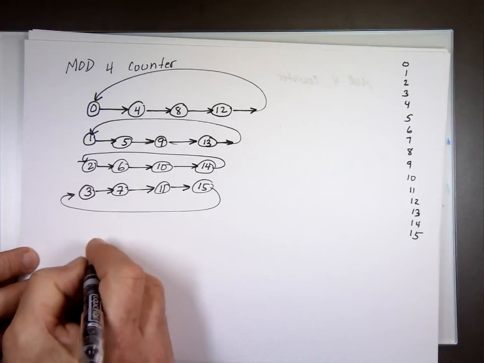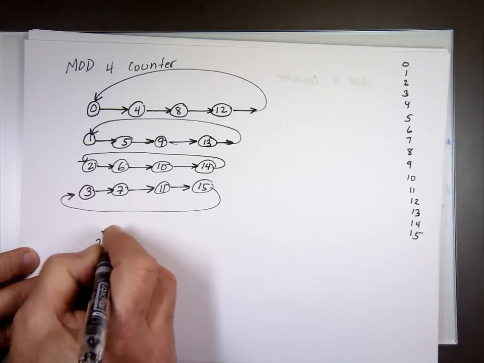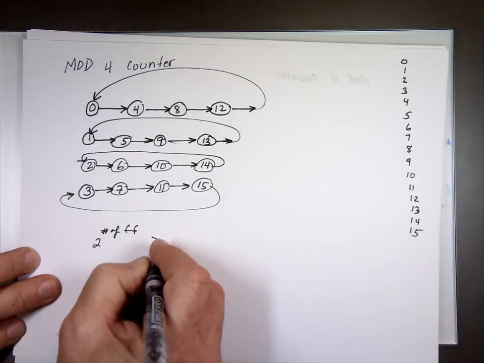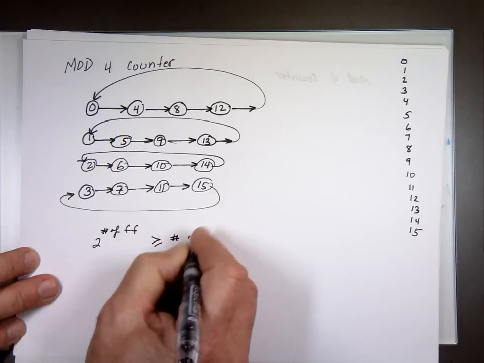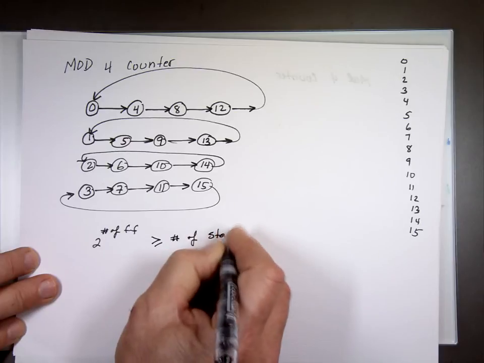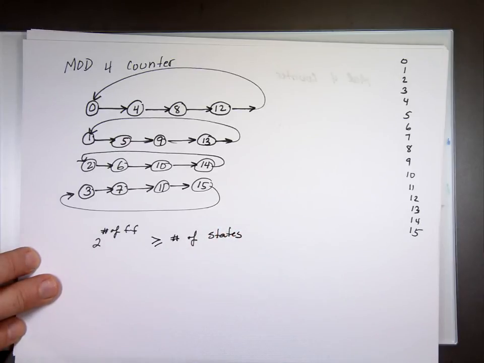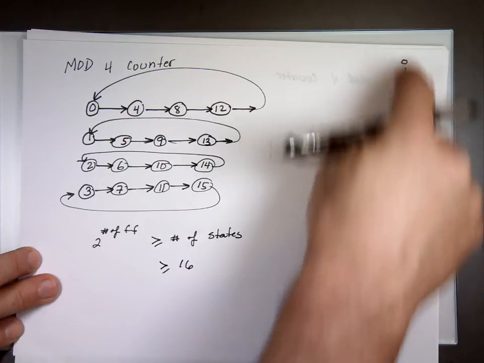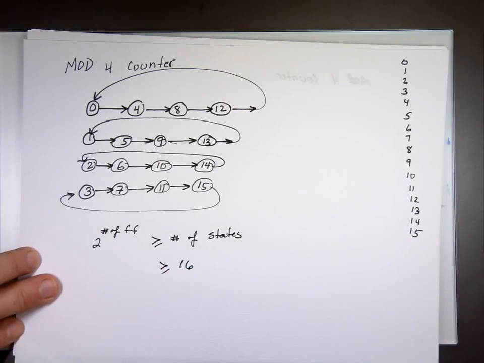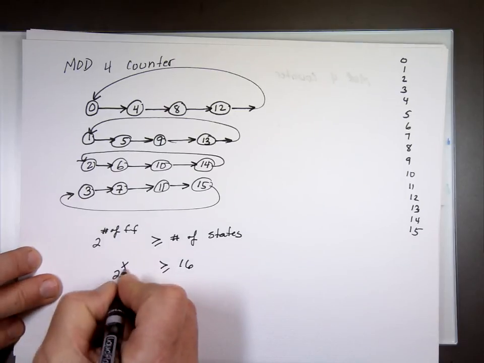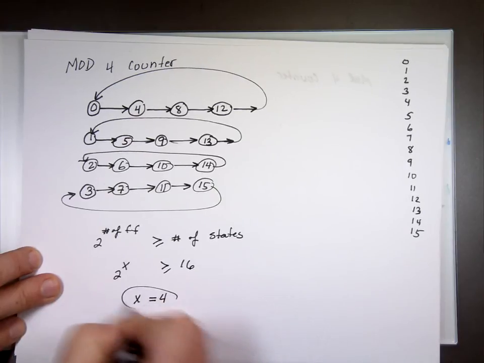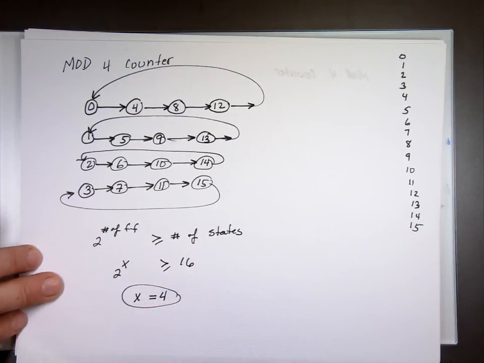Remember, 2 to the power of the number of flip-flops has to be greater than or equal to the number of states. The number of states here is 16, from 0 through 15. So 2 to what power is greater than or equal to 16? It has to be 4. I have to use 4 flip-flops.